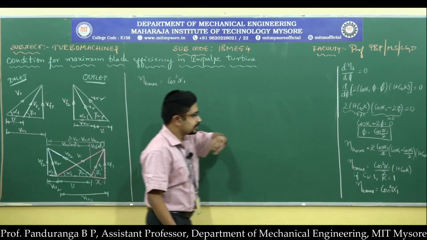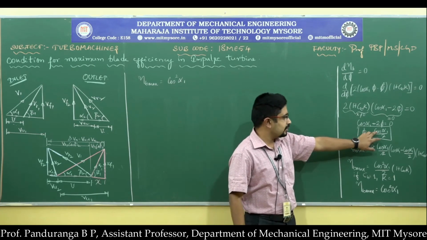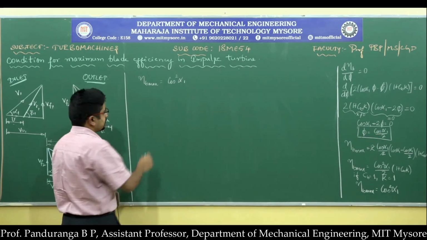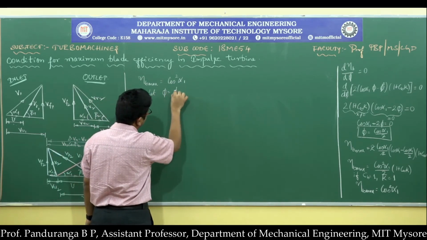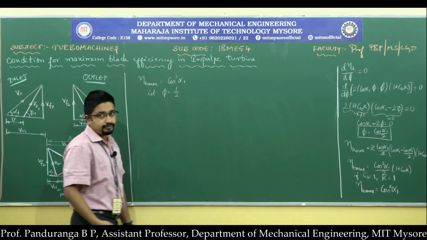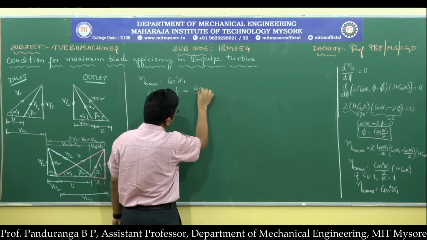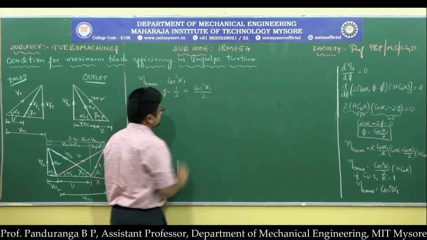Now let us see that the condition for maximum utilization was phi is equal to cos alpha 1 by 2. Okay, so if I take that phi is equal to 1 over 2, that is half, in that case we will get cos alpha 1 divided by 2.